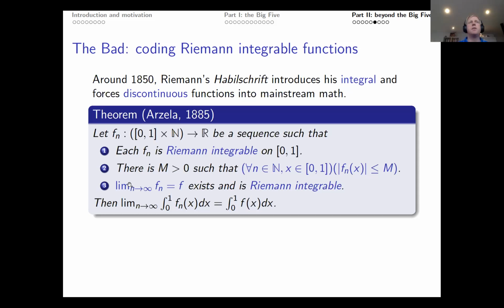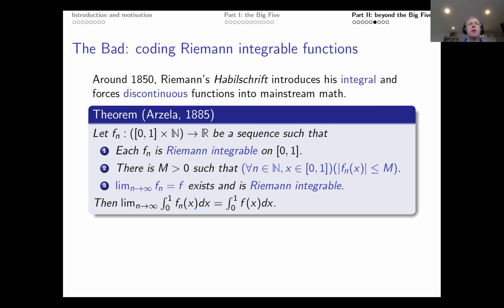If we have a sequence of Riemann integrable functions that converges to a Riemann integrable function, and these functions are all bounded, then the limit can be brought inside the integration sign. This is a convergence theorem.